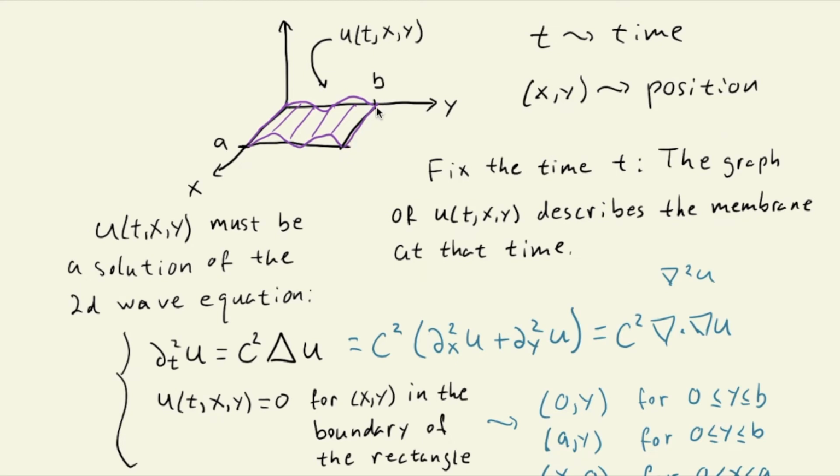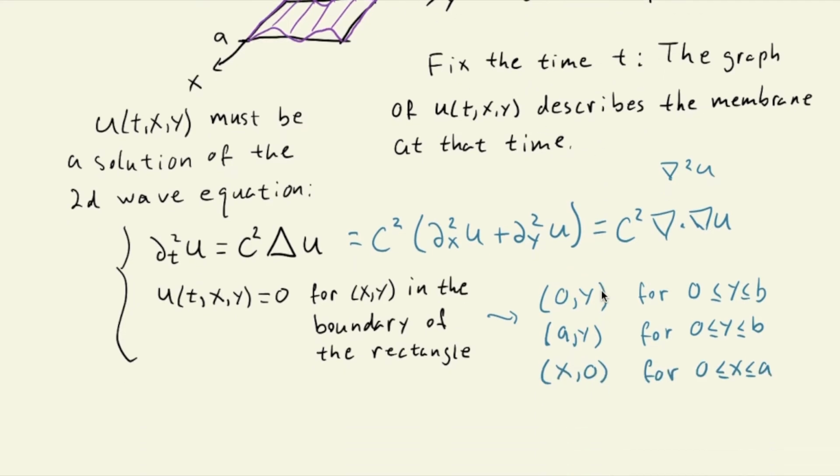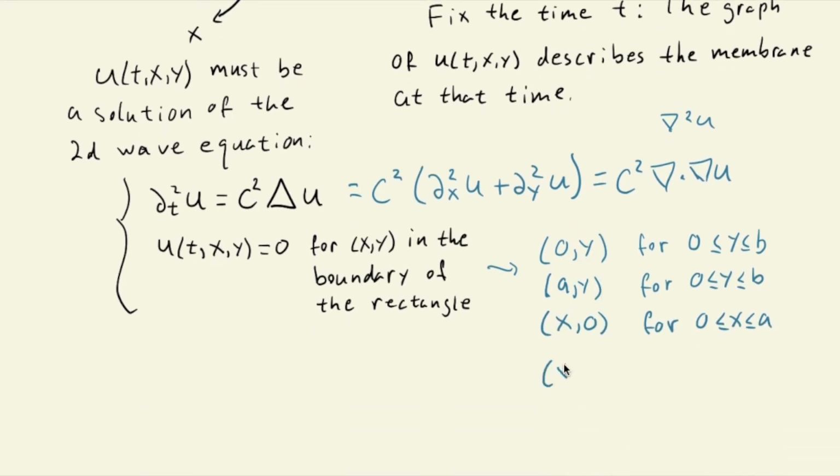That's all the points that have y equal to b, right? Y coordinate equals b. So these are points (x, b) for x between 0 and a. So those are all the components of the boundary. Eventually we might need to think about this.